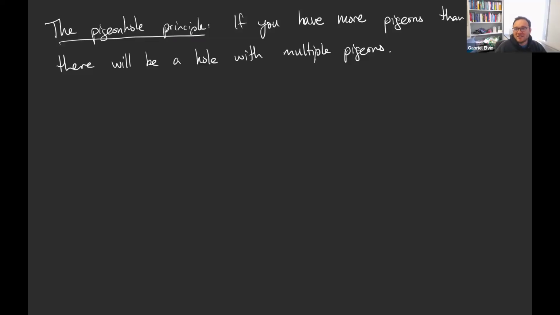And in the video, you saw a grid with 4 boxes, the holes, and she was trying to put 5 pigeons in there, and of course, 2 had to share one of them.